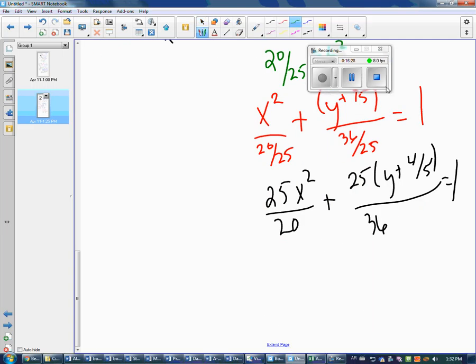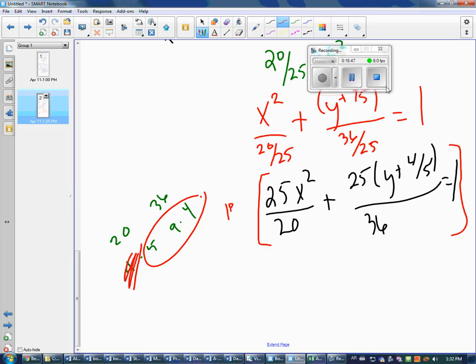Factors of 20 are 4 and 5. Factors of 36 are 9 and 4. So you use all the factors only once, so we're not going to repeat 4. So 9 times 5 times 4 is 180. So we're going to multiply through by 180.